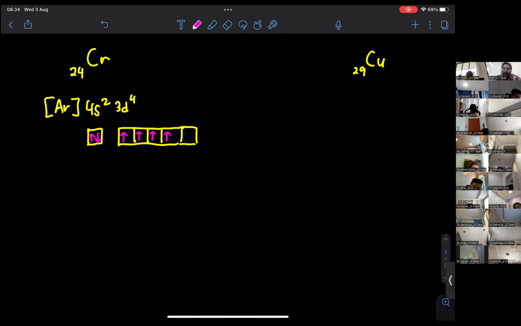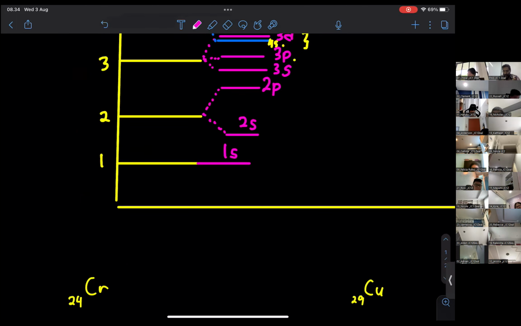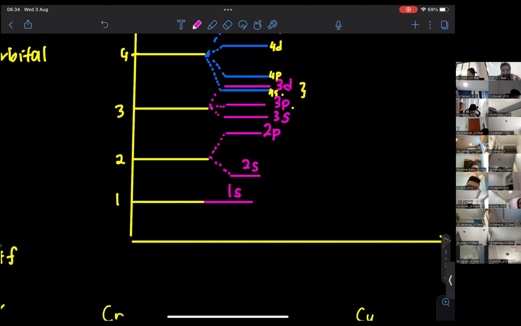In this case, this electronic configuration is not stable. Why? Because 4s and 3d are almost at the same energy level, the electrons from 4s can go to 3d.